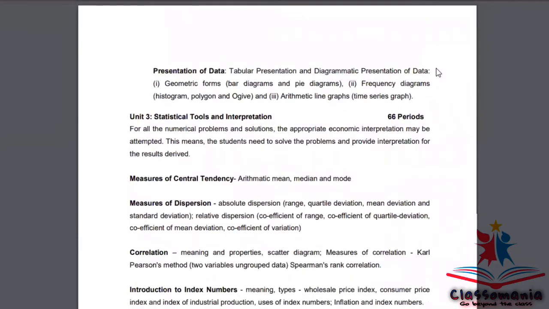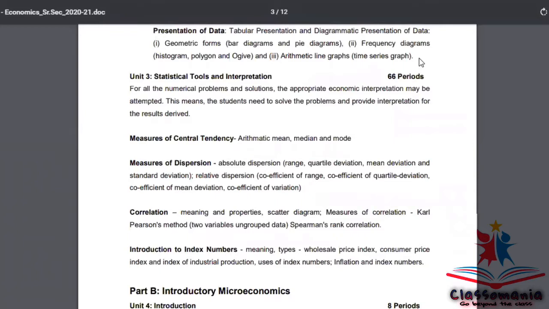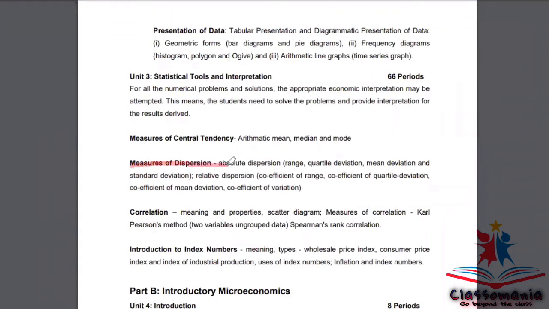In unit 3, statistical tools and interpretation, the topics which have been deleted from this unit are measures of dispersion: absolute dispersion, range, quartile deviation, mean deviation and standard deviation; relative dispersion, coefficient of range, coefficient of quartile deviation, coefficient of mean deviation, coefficient of variation. In the topic correlation, Spearman's rank correlation has been deleted.